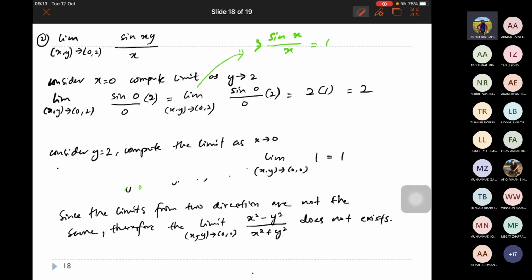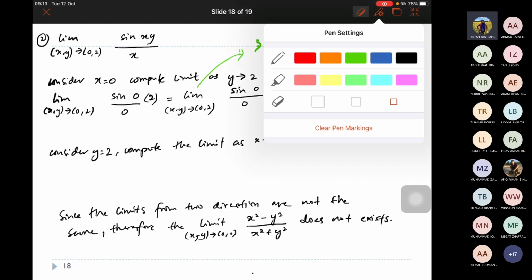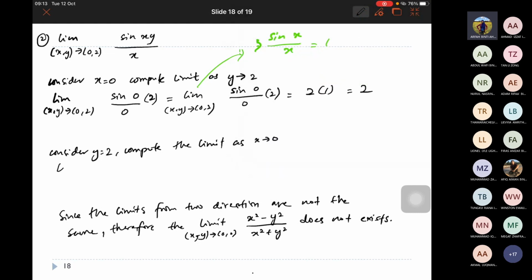For this one, compute the limit for x approaching 0. You are going to have the limit of x, y approaches 0, 2 of sin xy over x. It will be equal to the limit of x approaches 0 of sine 2x over x.